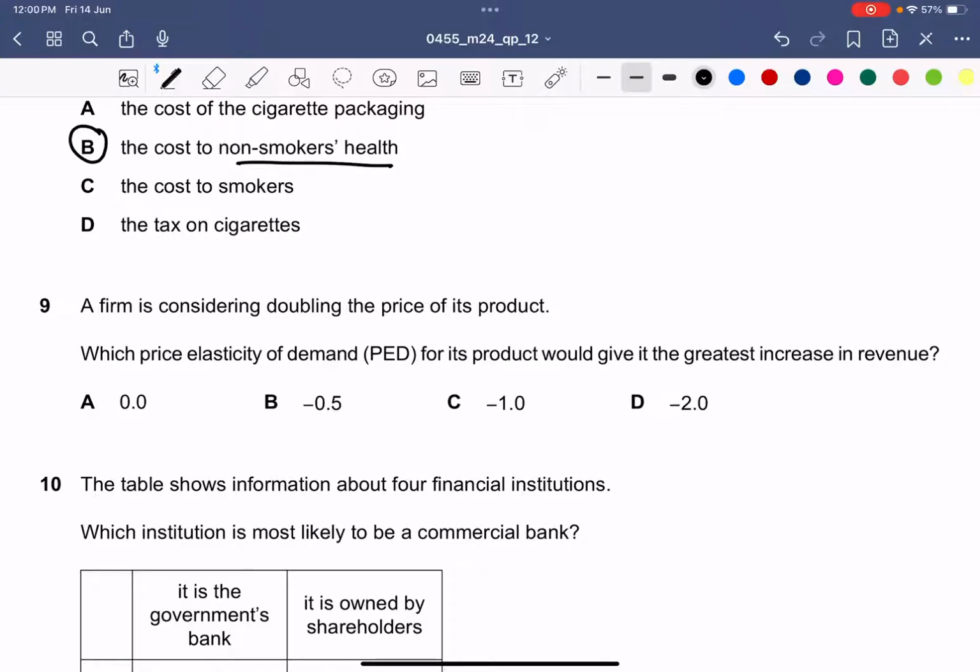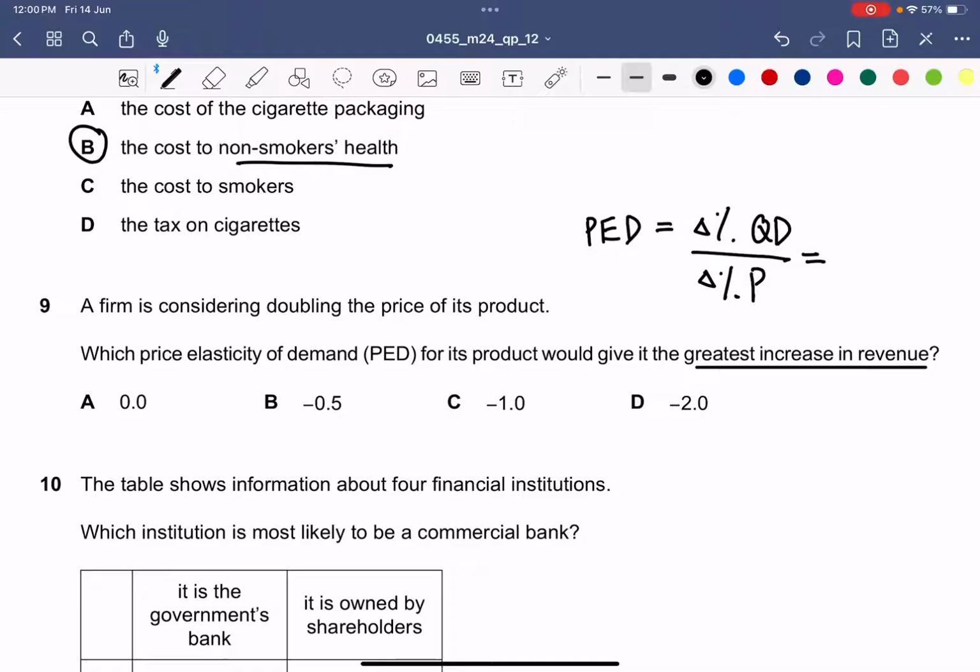So right now we need to know the formula of PED, which is the changes in percentage of quantity demanded, and the changes in percentage of price. Remember, it's the changes in percentage. Okay, it says doubling the price. So greatest increase in revenue.